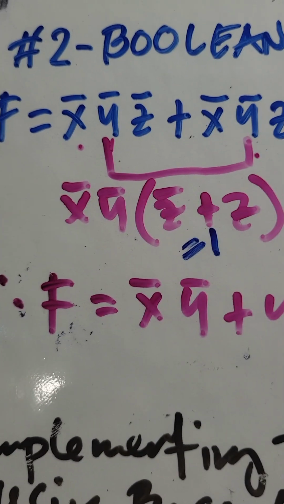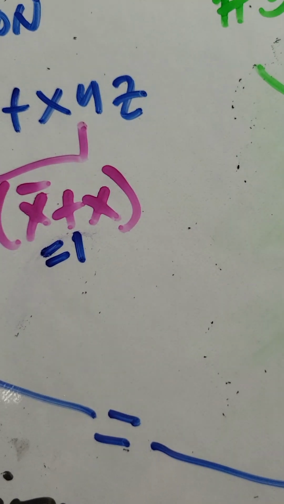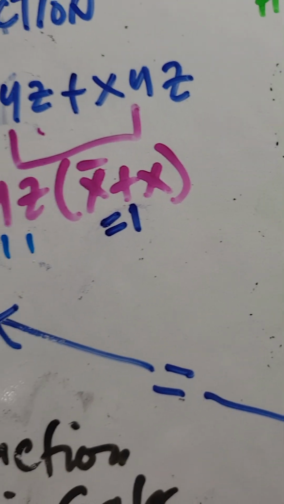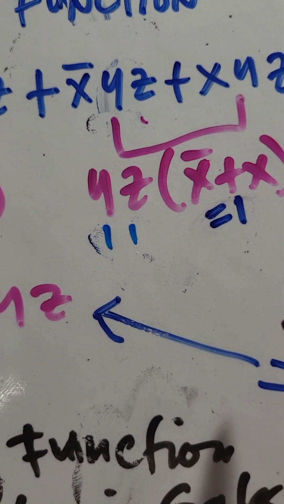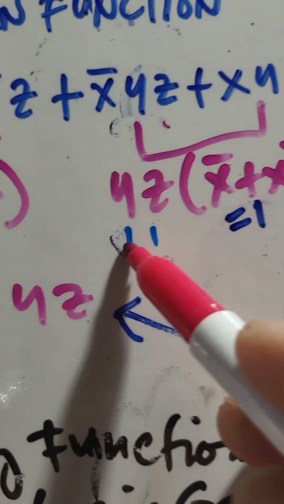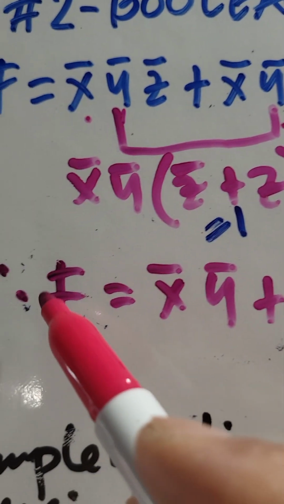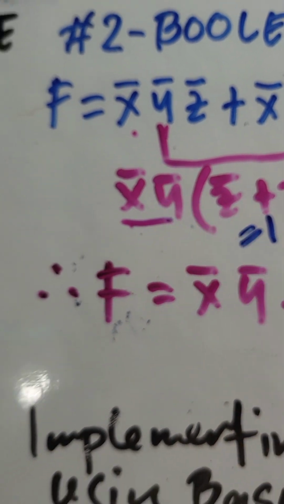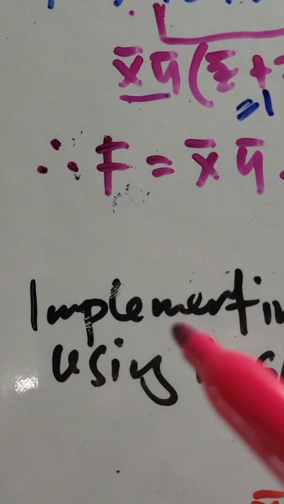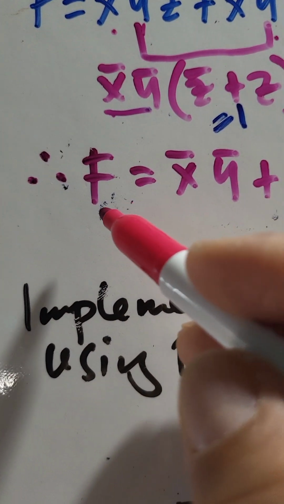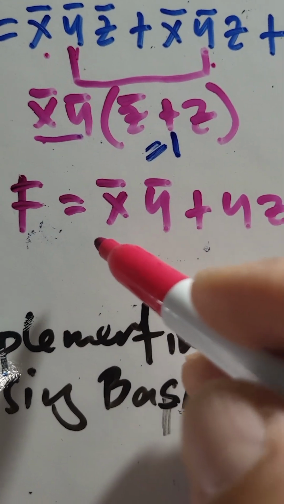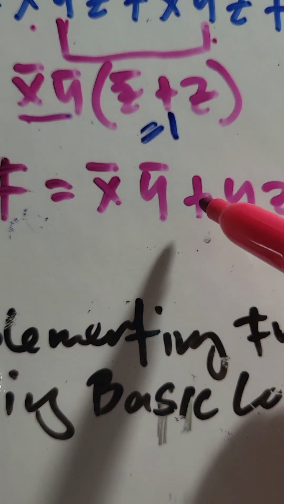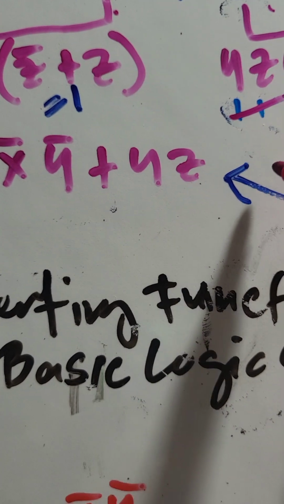So the remaining function is yz, and the other side is x bar, y bar. And finally, our simplified function f is equal to x bar, y bar plus yz.